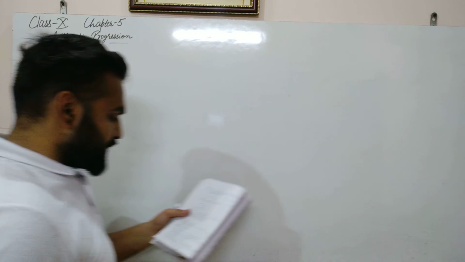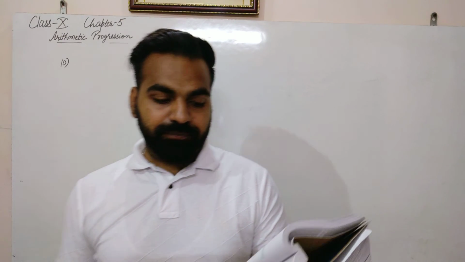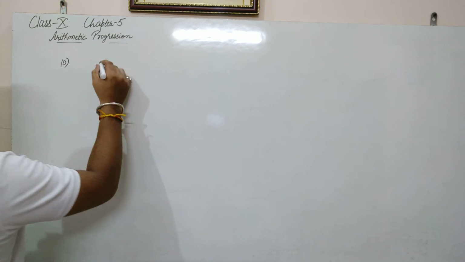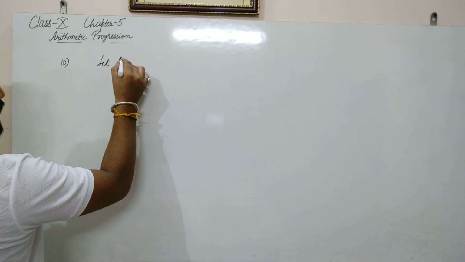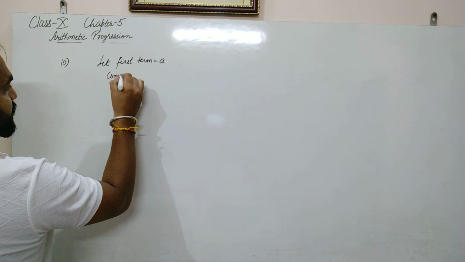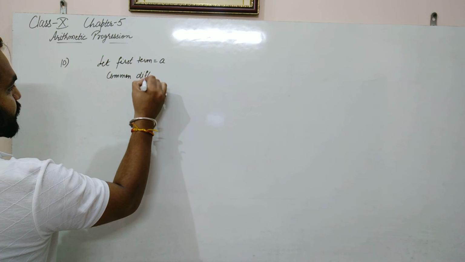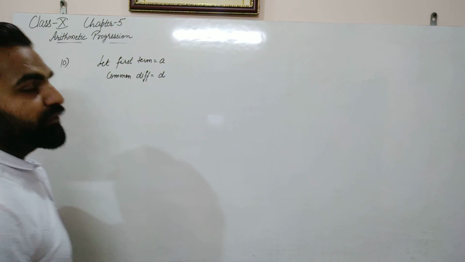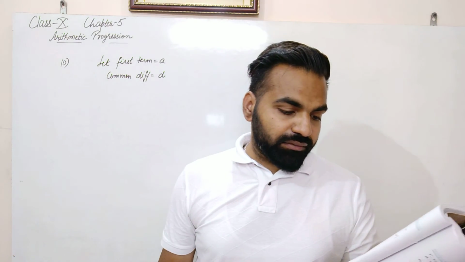Question number 10: if the 17th term of an AP exceeds its 10th term by 7, find the common difference. So the 17th term is 7 more than the 10th term, and we have to find the value of D. First of all, let the first term be A and the common difference be D. It is given in the question that the 17th term exceeds the 10th term by 7.